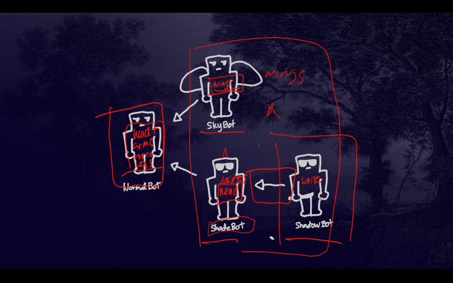That is because everything that is inherited by ShadeBot from NormalBot will be inherited by ShadeBot, and since these things appear in ShadeBot implicitly as well, they would be automatically inherited by ShadowBot as well. So since ShadowBot is a special ShadeBot and ShadeBot is a special NormalBot, ShadowBot is automatically a specialization of NormalBot as well.